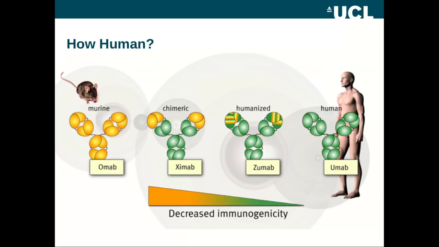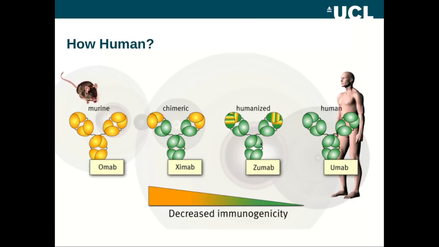For example, for those two antibodies that I've talked about quite a bit, Herceptin or trastuzumab is humanized, while Humira or adalimumab is fully human. Yet actually, more people have an immune response to adalimumab than they do to trastuzumab.